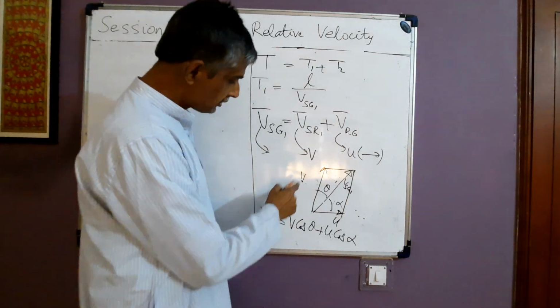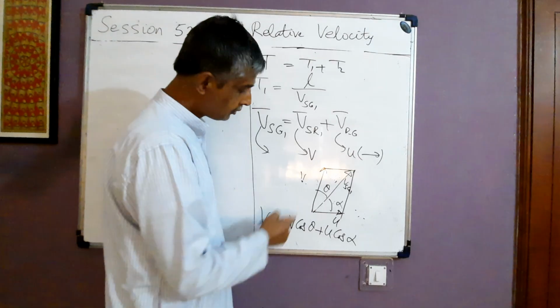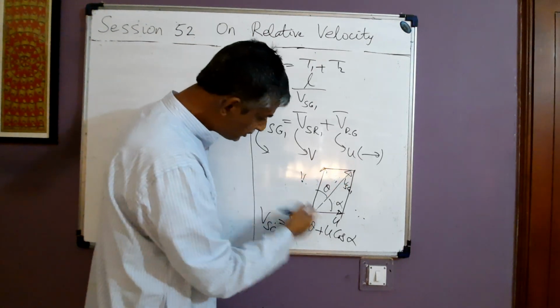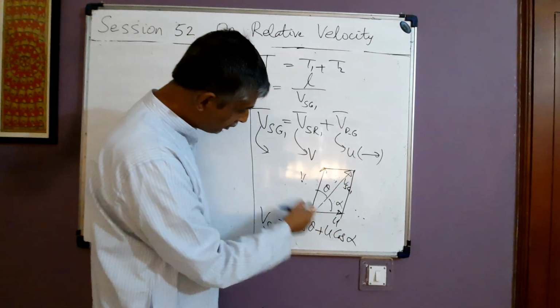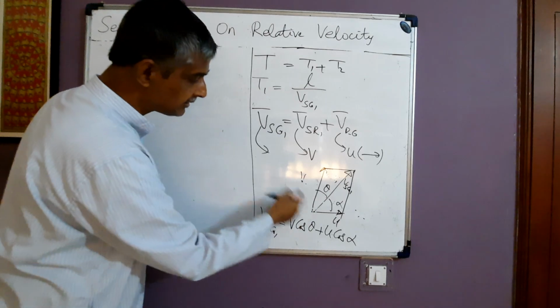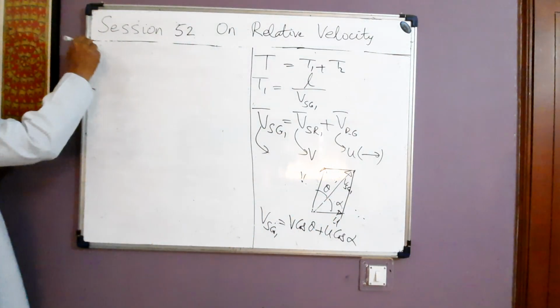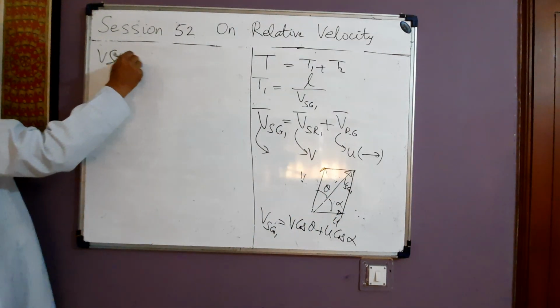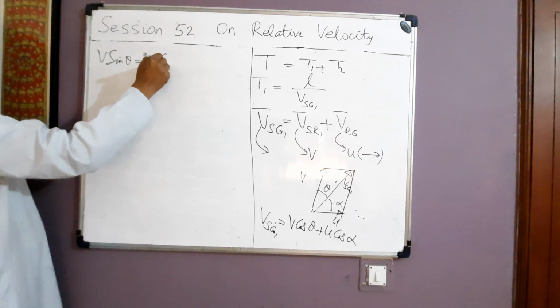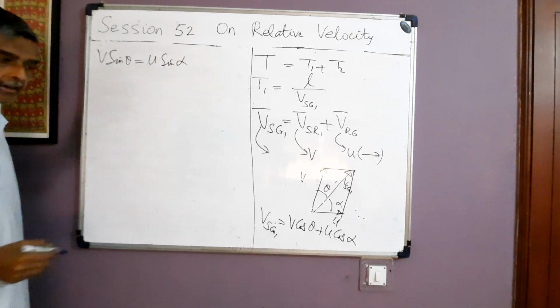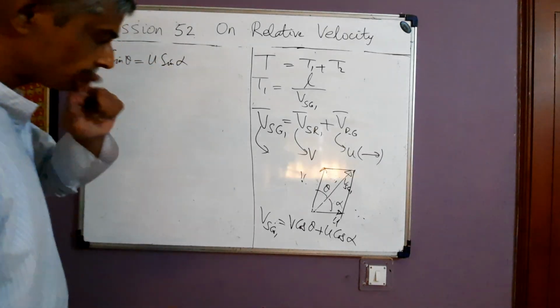Now the resultant of these two is along this direction, so the resultant along the direction normal to VSG1 is 0. So the components of V and U in this direction cancel out. So V sin theta is equal to U sin alpha. Alright, so one equation we have obtained here.